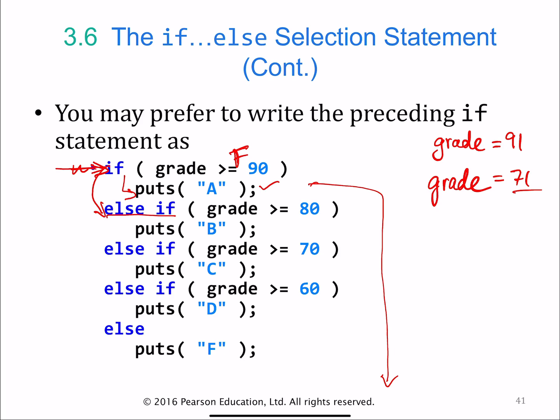No, it's not. So we jump over the block of statements of the first else if block. We hit the second else if block. We check if the grade is greater than or equal to 70. Yes, it is. We enter this block of code, execute the statements we find in there, and after we're done, we exit to the line after the else block.